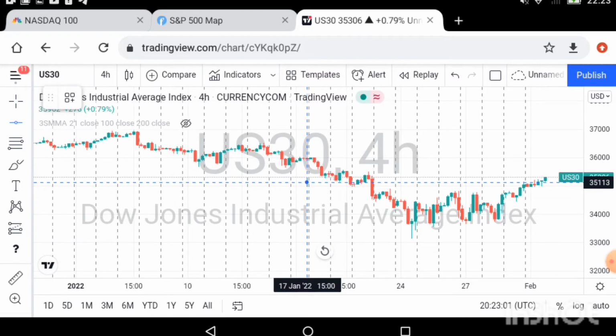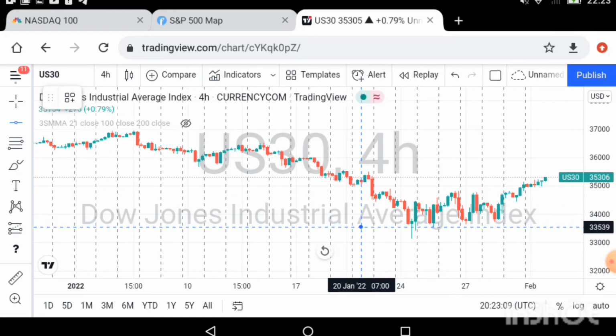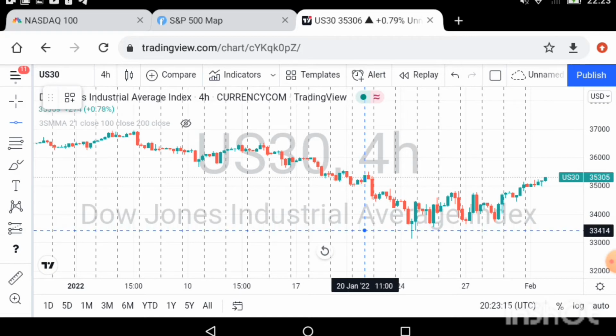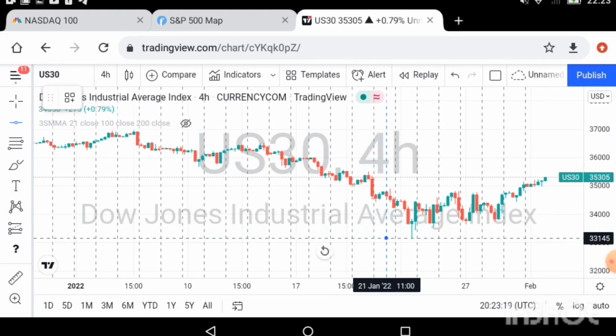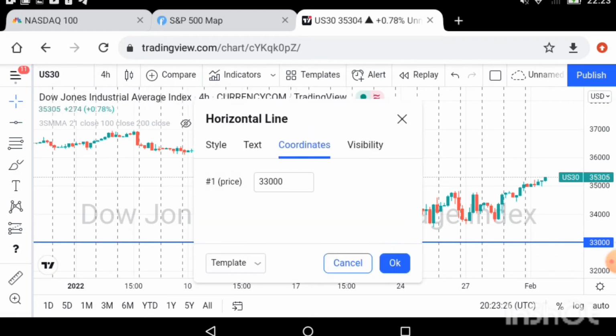So we're going to start with the major levels. Major levels are going to be your whole numbers, in a 1,000 pip range. Let's start with 33,000 quickly. Yes, 33,000 is correct.